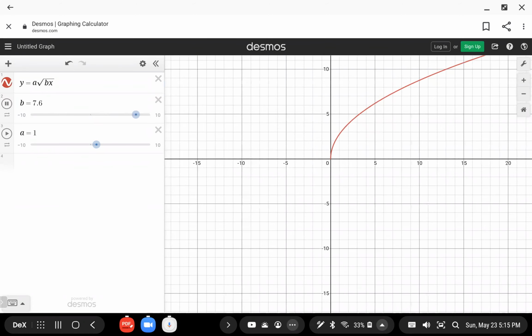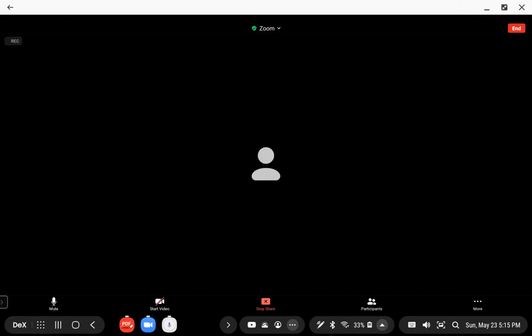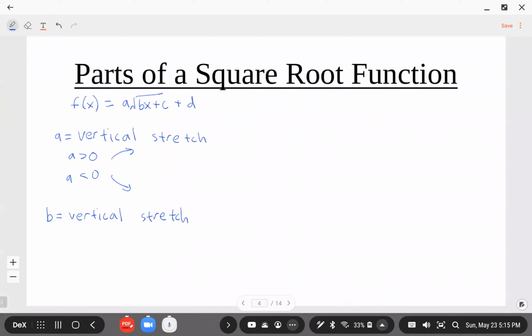But you see here, when b is negative, it reflects over the y-axis. So let's pause that. When b is positive, we should have this. When b is negative, we should have this.